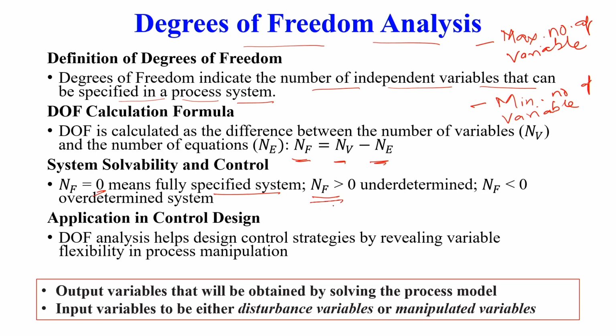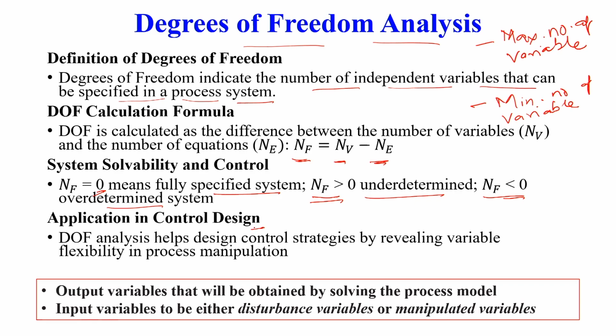If degree of freedom is greater than 0, it is underdetermined and it can have multiple solutions. And when degree of freedom is less than 0, it is overdetermined, and in that case it is difficult to find a solution.